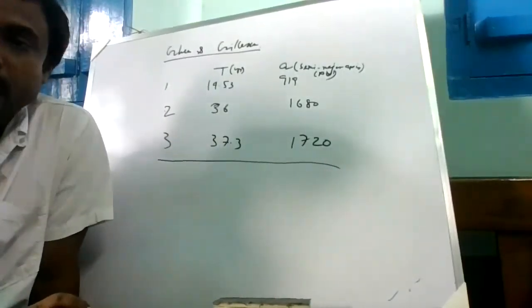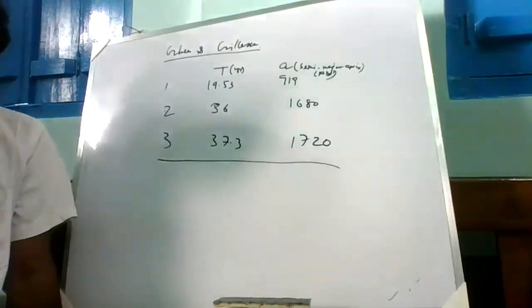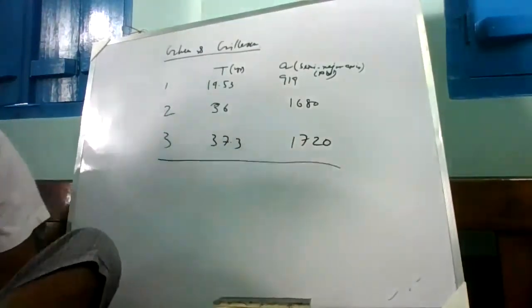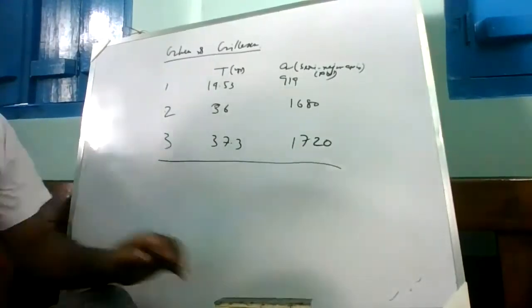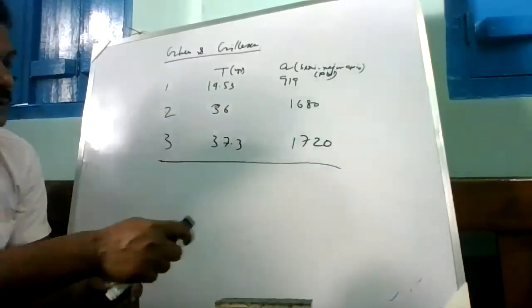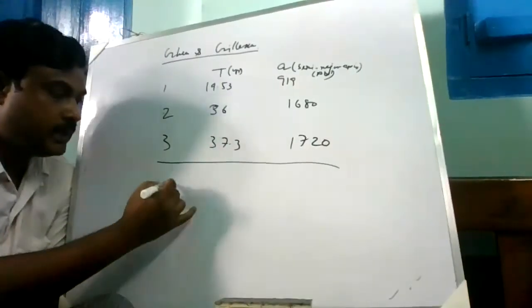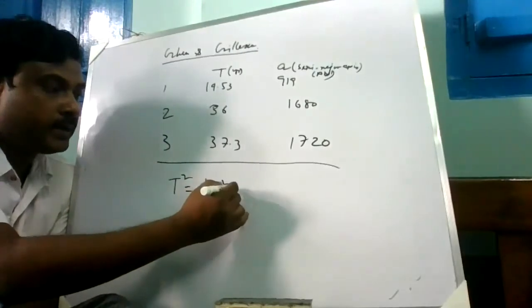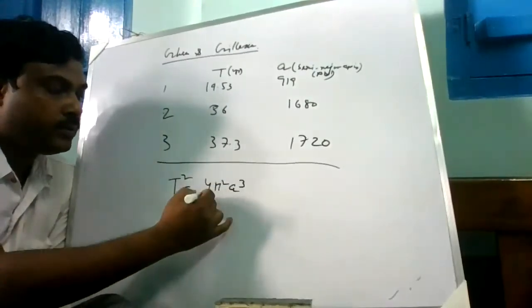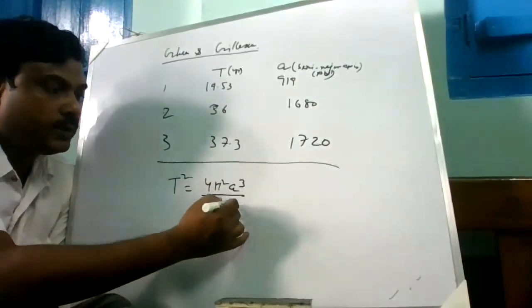Now, using Kepler's third law, there is a relation between semi-major axis and time period. We know the relation is T squared equals 4 pi squared A cubed by GM.